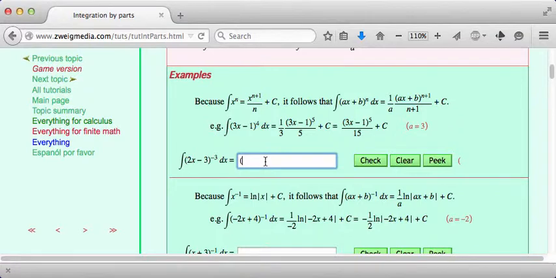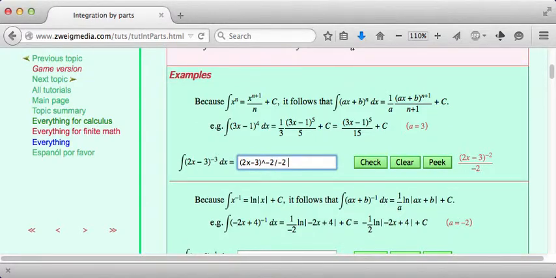In other words, pretend you were putting this formula in your favorite graphing calculator. So this would be 2x minus 3. Now let's see, I think I should add 1 to the exponent, so let's go to the minus 2, and then you divide by the exponent, right? Plus c, I guess. Oh, notice that the formula I've typed in has appeared on the right-hand side. So you can check that you're using the right parentheses and so on.